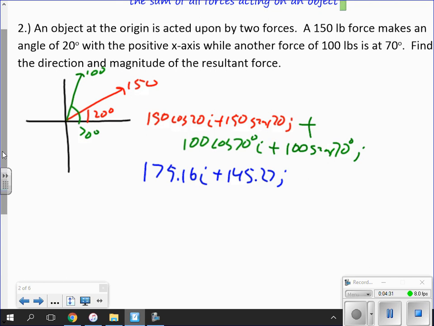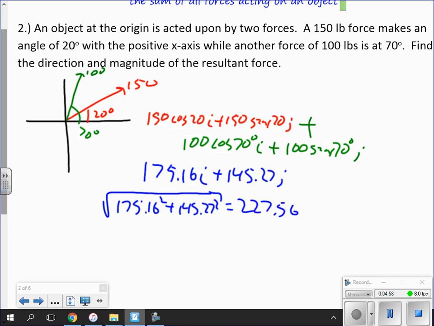However, we want to put this in the magnitude and direction form that we were originally given. So our magnitude would be the square root of 175.16 squared plus 145.27 squared, and you get a resultant force of 227.56 pounds. Then you have to figure out the direction.